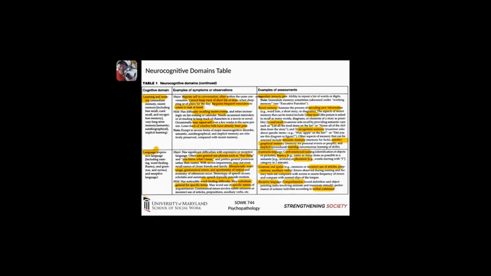One is called immediate memory span. That is simply the ability to repeat something back immediately after you get verbal or visual input, or other input, and you can reproduce it in some way. You can speak it, draw it, point to it. You can acknowledge it back in an immediate sense.